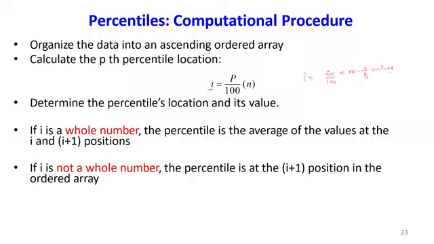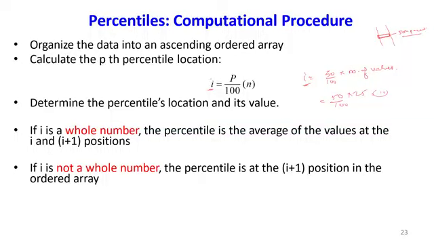Suppose you have 25 values in your data, so it would be 50 / 100 * 25. Whatever value you get becomes the index. In all the 25 values, you go to that particular location. For example, say i = 12. The 12th position value would be your 50th percentile.